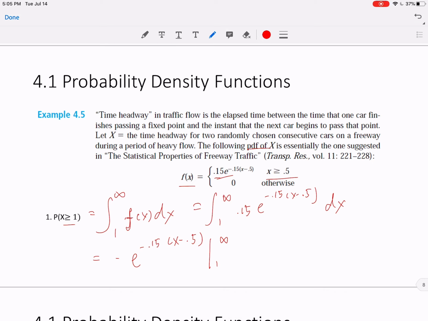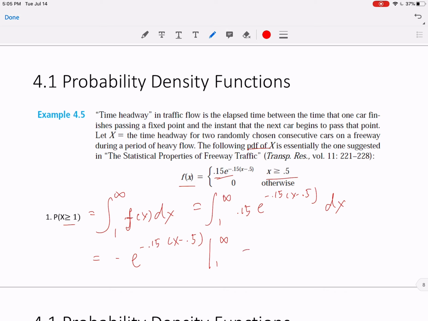We're just using some basic rules of integration, and if you are not familiar, I wish that you can review it a little bit. Then we just plug the upper bound and lower bound back into this expression.